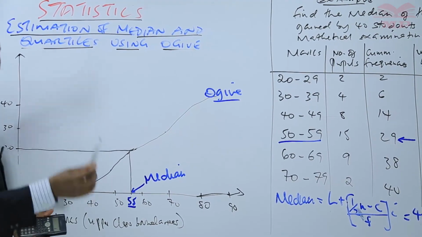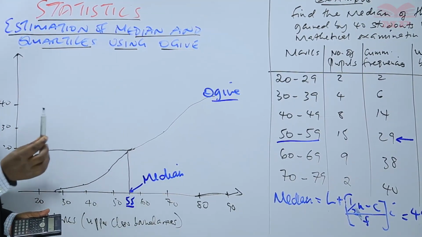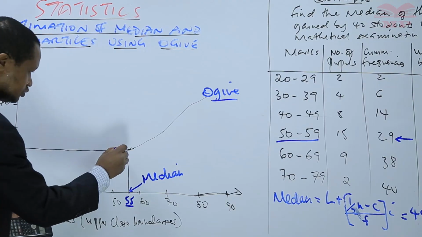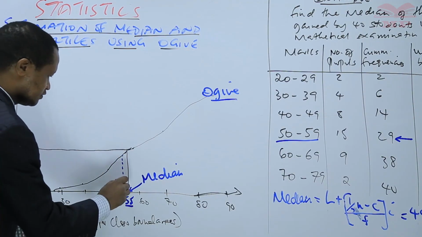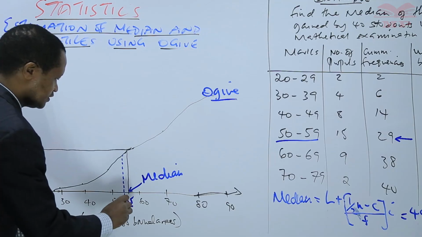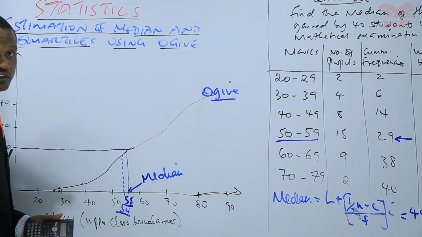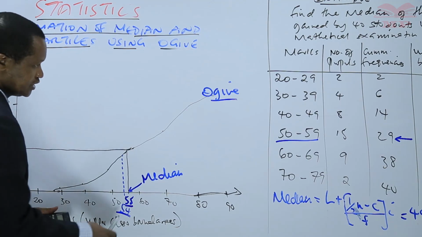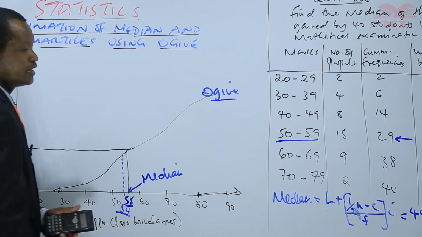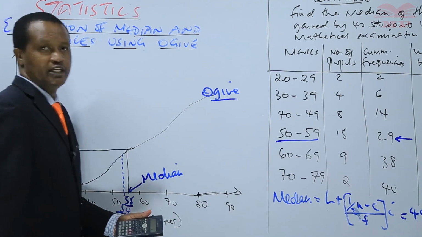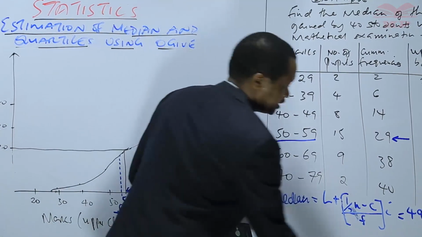If you use a graph, then this will be accurate. If you are doing it accurately using a graph, the median is 54, and the calculated median is 53.5.